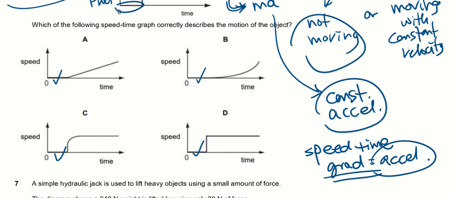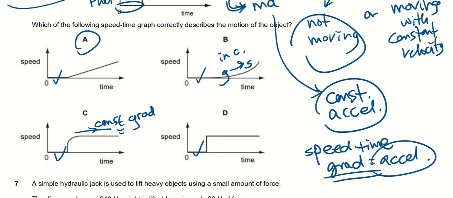So of all the 4 options, A has a constant gradient. This is gentle to steep, so the gradient is increasing. After that we have constant speed, that means 0 gradient. Sorry, not constant gradient. It is 0 gradient. It is flat.